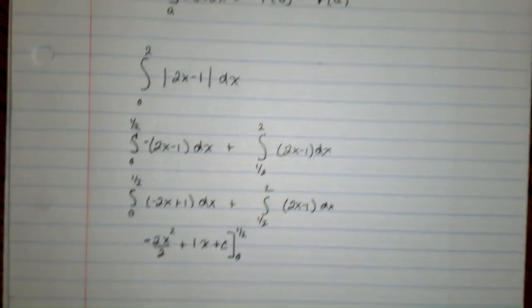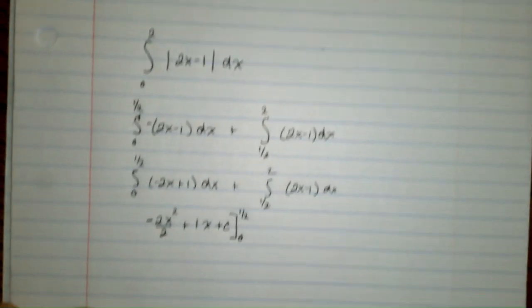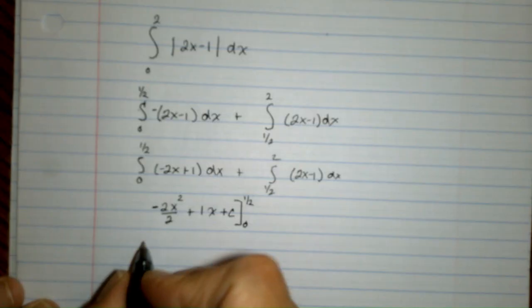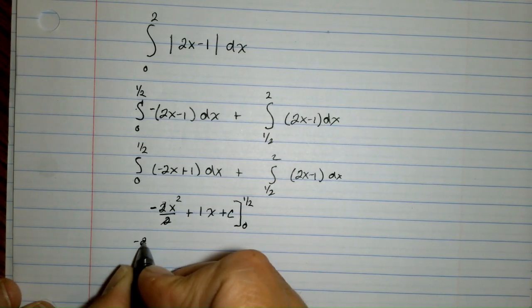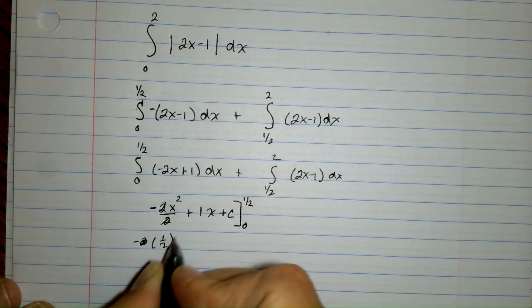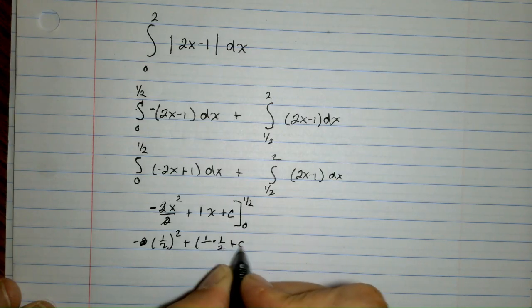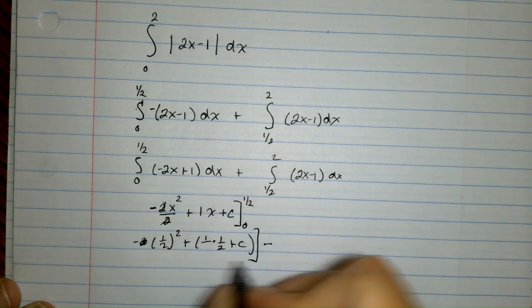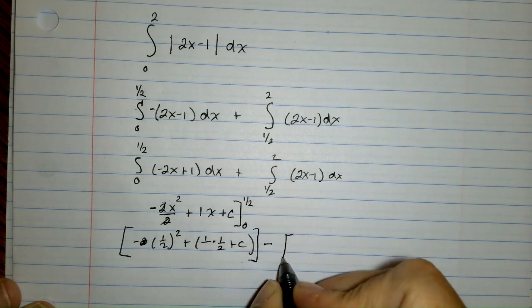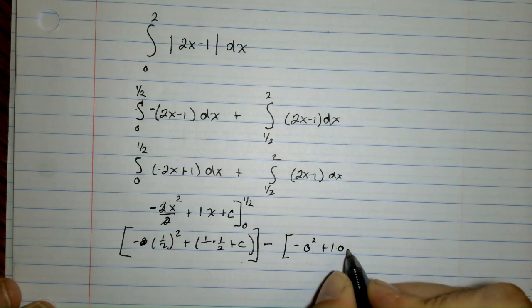What this rule up here said is I can just do F of b minus F of a. Okay, so let's just go ahead and reduce that, right? So negative 1/2 squared plus 1 times 1/2 plus c minus negative 0 squared plus 1 times 0 plus c.